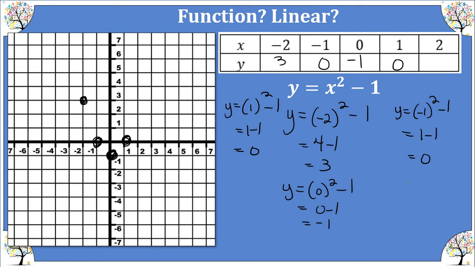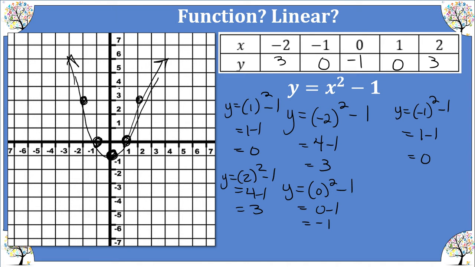So we can see it's not a line. And then lastly, let's plug in our 2. We're going to multiply 2 times 2 is 4, minus 1 gives us 3. So 2, 3. So this is a parabola, and it is not linear. But it is a function.